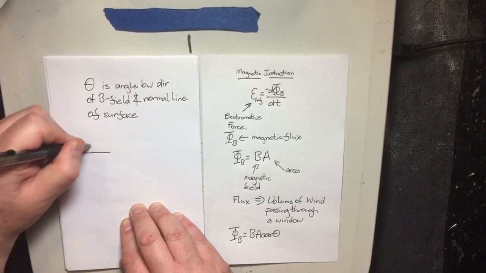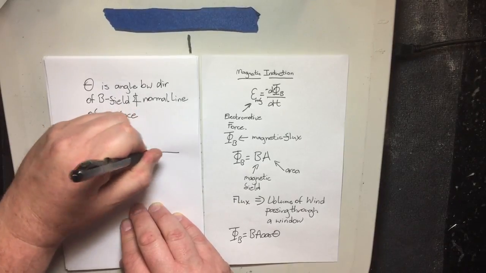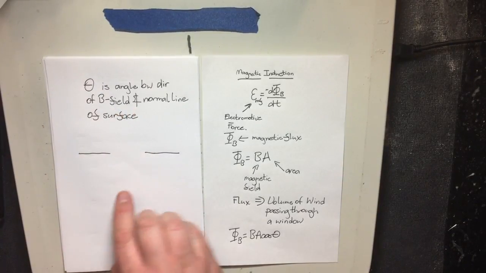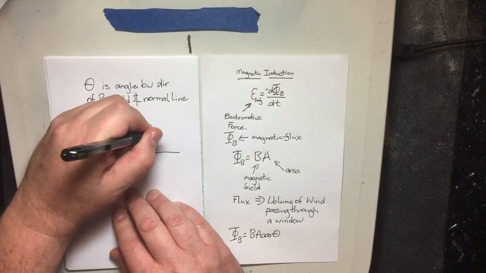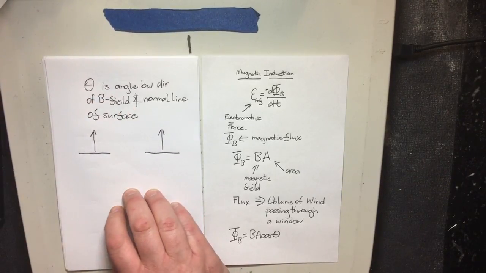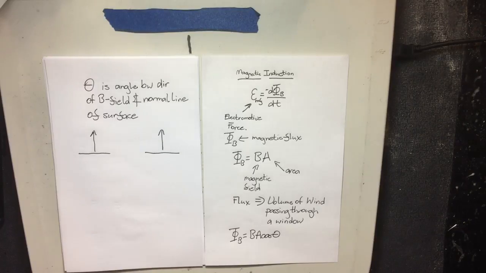So in a situation where we've got our window or our surface here, the normal line, just as we have had normal force, is perpendicular to the surface.